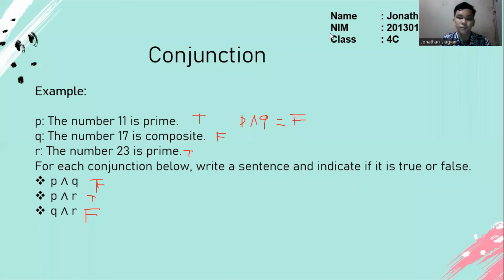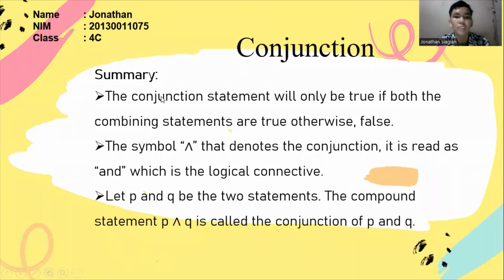Next, summary. First, the conjunction statement will only be true if both of the combined statements are true, otherwise false. The symbol that denotes the conjunction is read as "and", which is the logical connective. The third point: let P and Q be two statements.